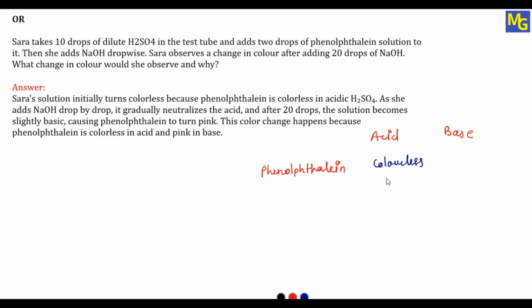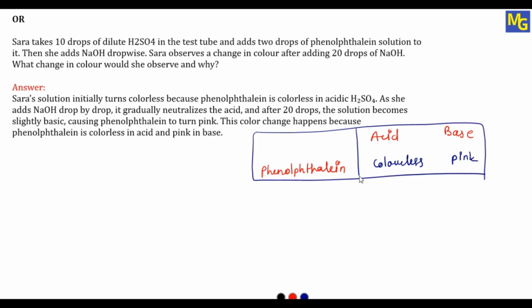You can go through my channel, where I have explained it in detail. In acid, phenolphthalein is colorless. In base, phenolphthalein is pink. If you know this, you can answer any such question in the exam. Make a note of this in your book.